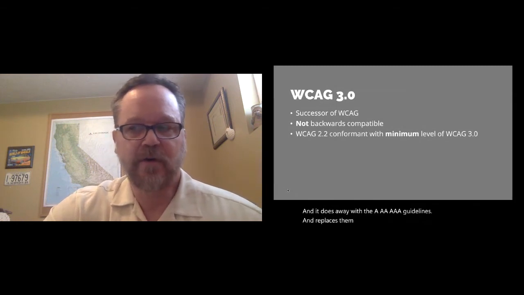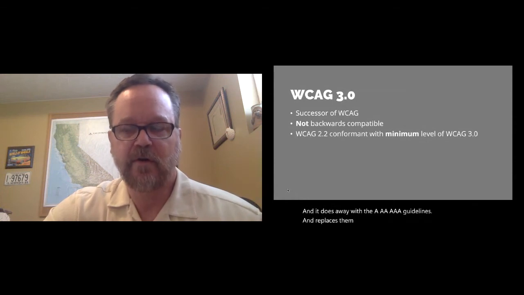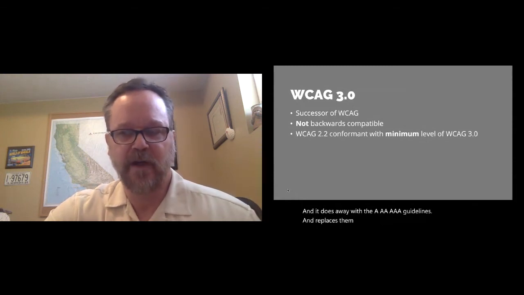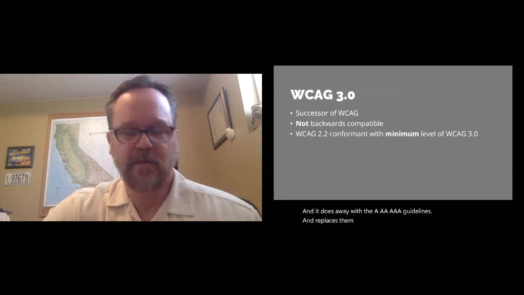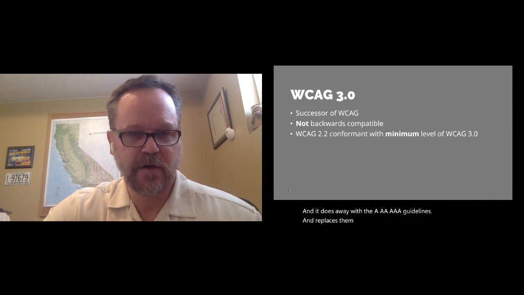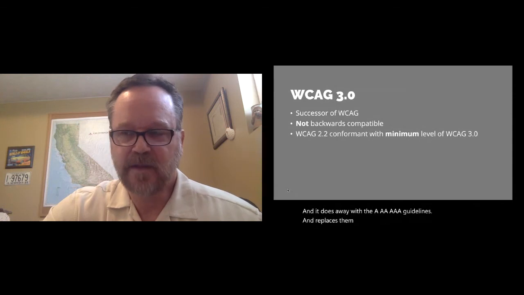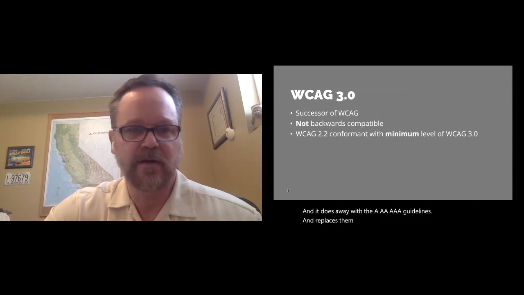It also introduces holistic testing. And I'll talk a little bit more about that. But it truly does provide a way to test and measure the usability of your product with assistive technology. That is something that we have not done in the past.